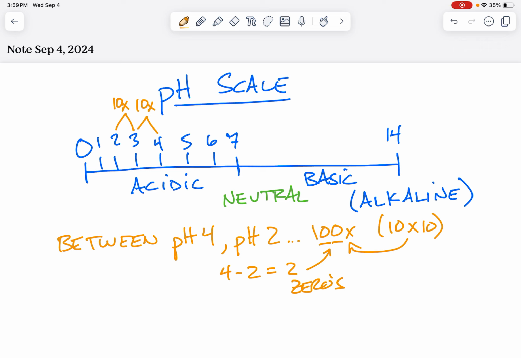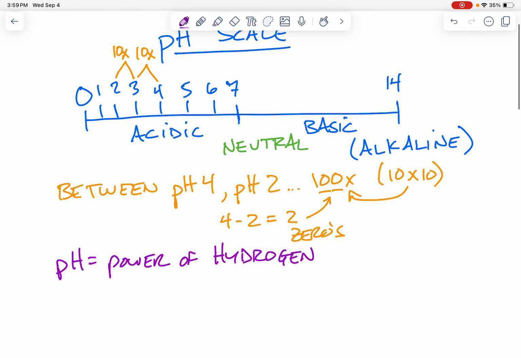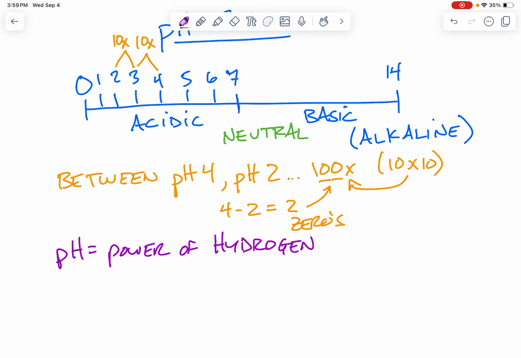Now, what pH stands for is the power of hydrogen. And that's kind of why we see that capital H there. Now, what they're really referring to is the hydrogen ion, which symbol is H+.